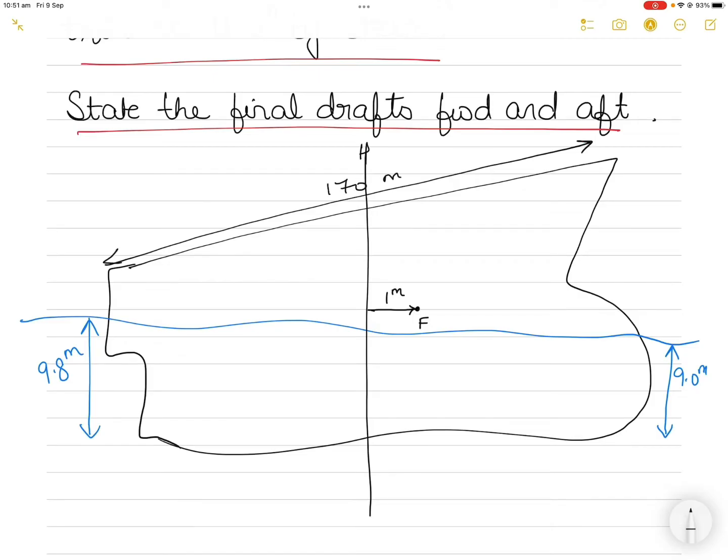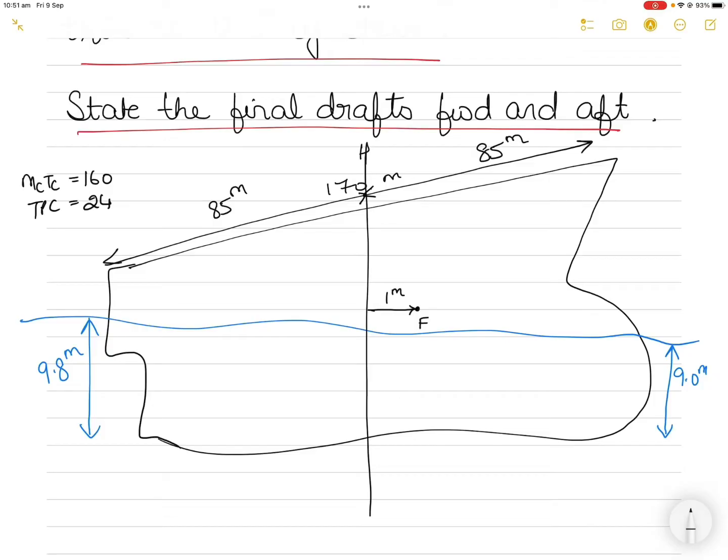So from aft perpendicular to midship is 85 meters, half of LBP, and from midship to forward perpendicular is 85 meters again. So midship is half of the length between perpendiculars, as you already know. MCTC is 160, TPC is 24. I'll summarize that information here again.